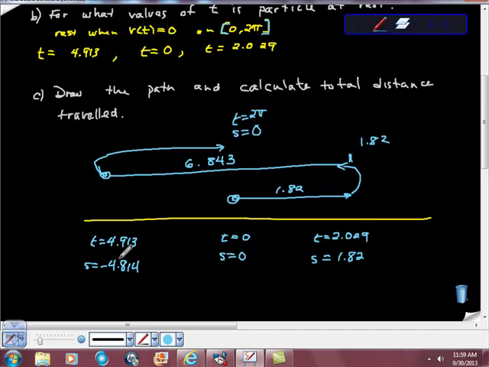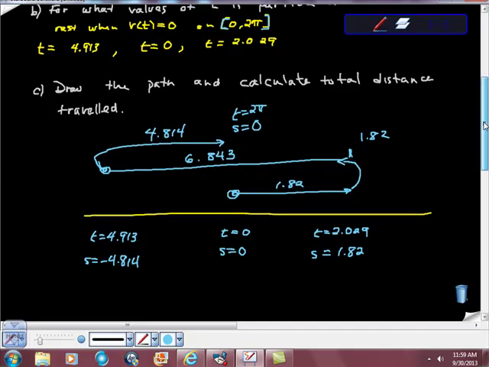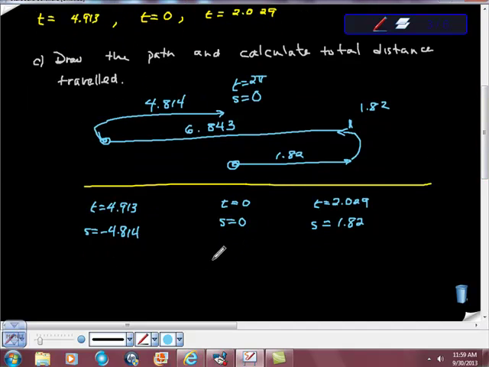Remember that distance is not negative, so we take its absolute value. And then he goes from here, and this is position negative 4.814, back to 0, and that's another 4.814. And then you add all of those amounts together, and it's 13 something, right?